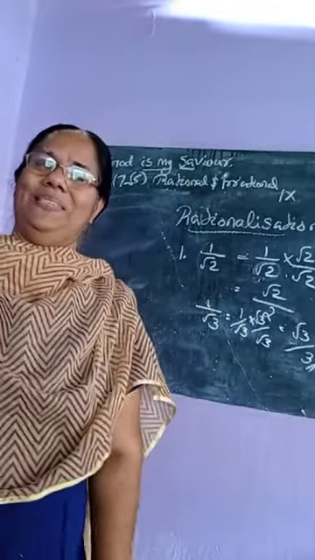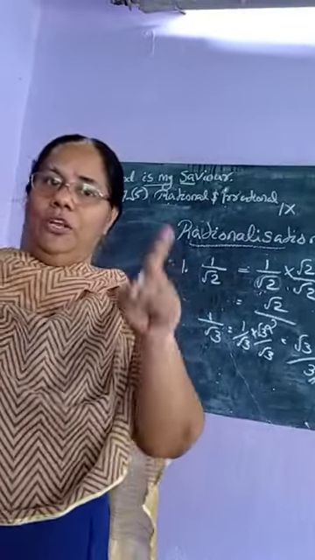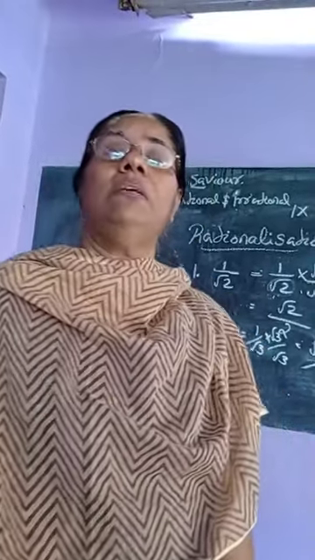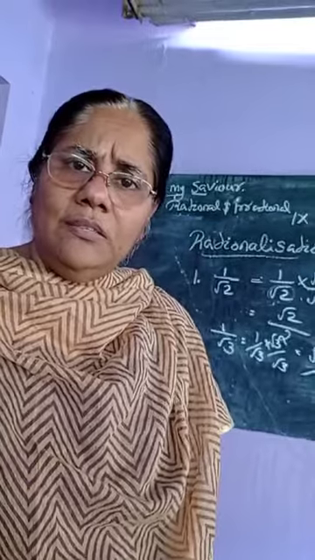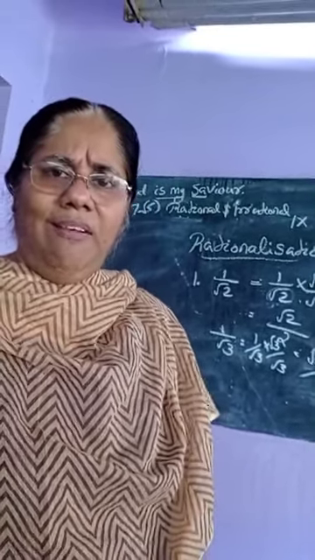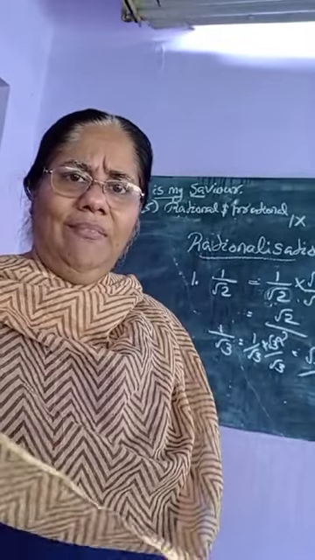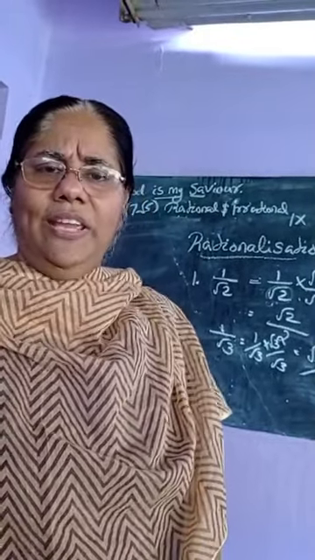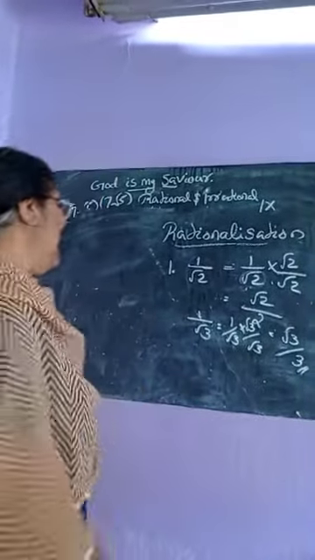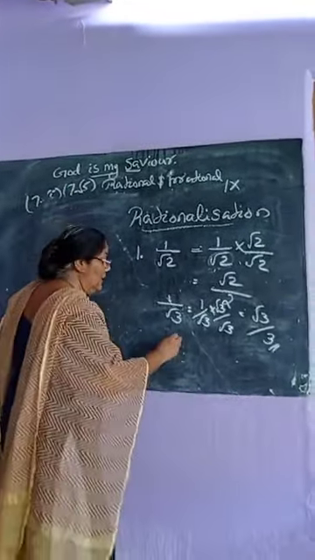Therefore, the numerator is 1 into root 7, root 7, and root 7 into root 7 is 7. Final answer, root 7 by 7. Got it? Take a red pen and put a tick there, or draw a star there. Very good.